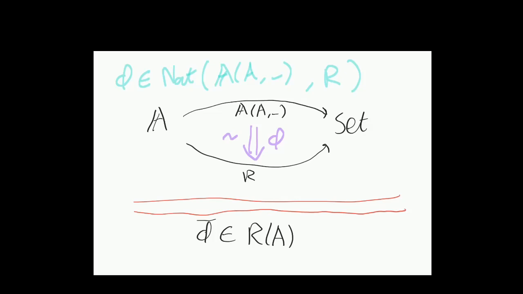Well, that means we can apply the Yoneda lemma, and corresponding to this natural transformation there's going to be an element of R of capital A, and we'll call that element phi bar.